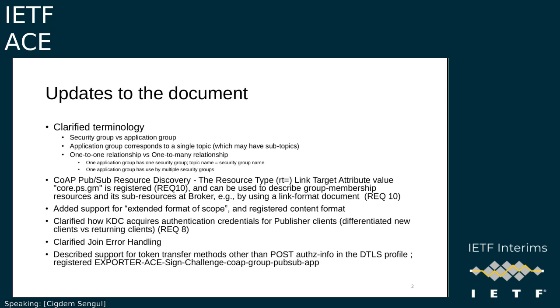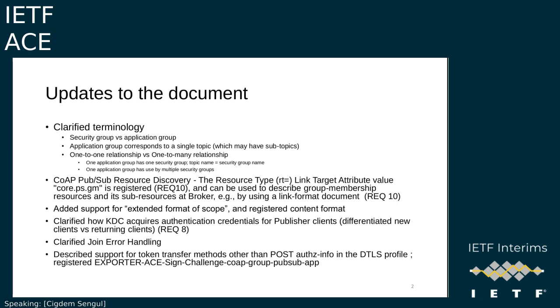I clarified the KDC and how it acquires credentials for publisher clients, and made sure that it follows the requirement from KeyGroupCom that the publisher clients are not just COSE keys. I also differentiated between new clients joining versus returning clients, in the case where the KDC may already have a token for the returning client.